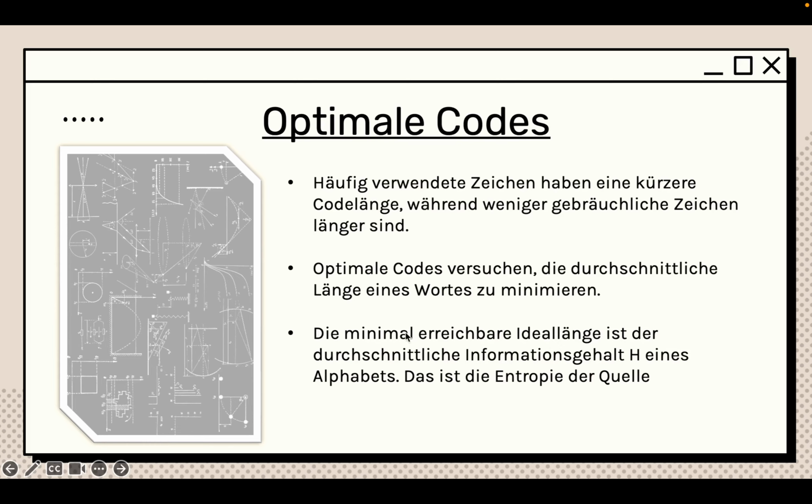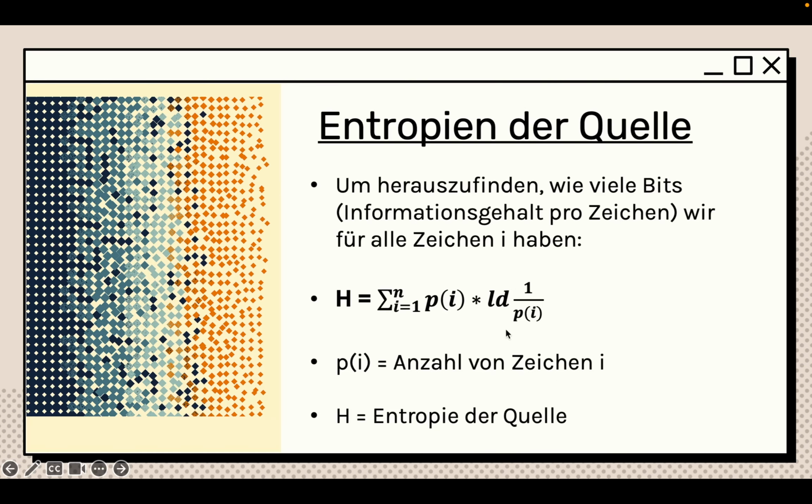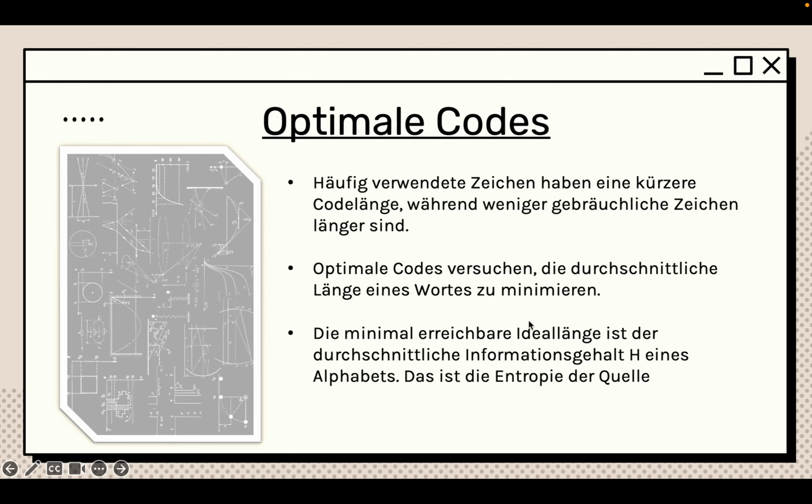The minimal, ideal length is the durchschnittliche Informationsgehalt eines Alphabets. That means the Enthalpie der Quelle. That means that if they ask you what's the most optimal way to make something small, we just use Enthalpie der Quelle, which is this little function here.